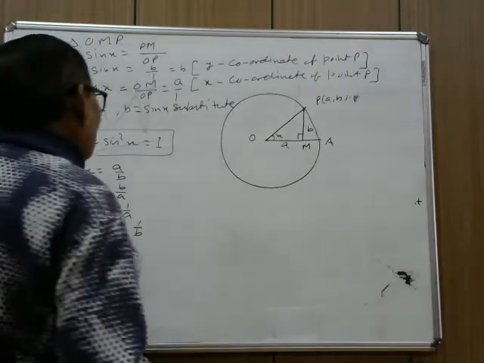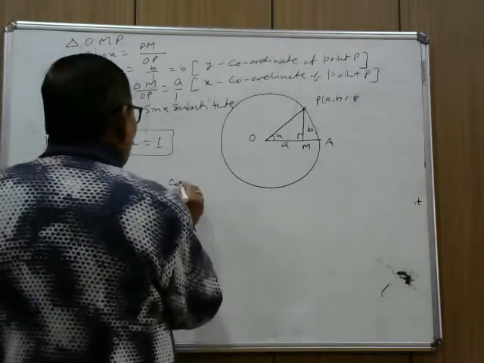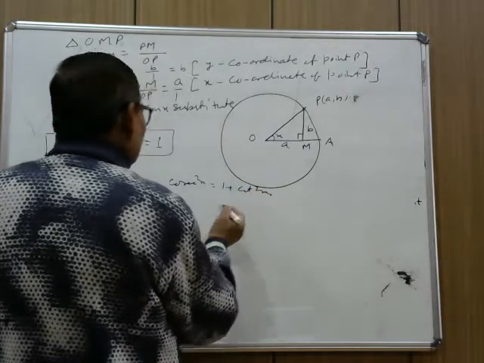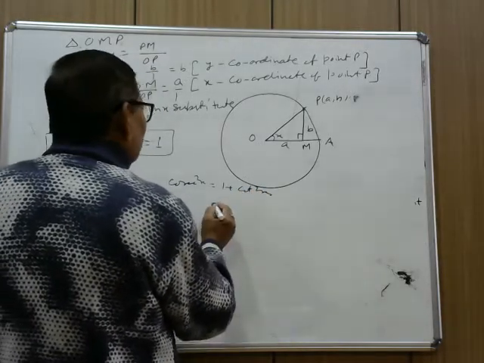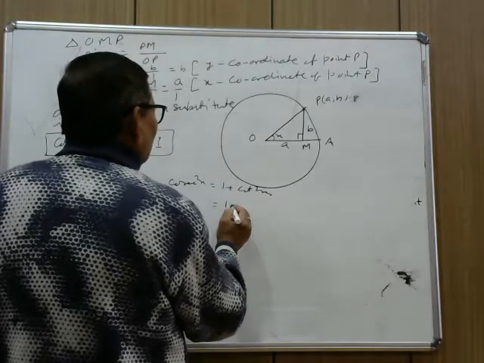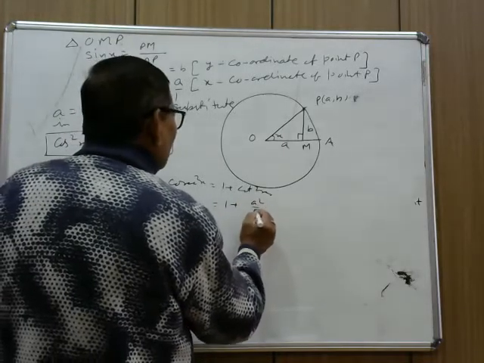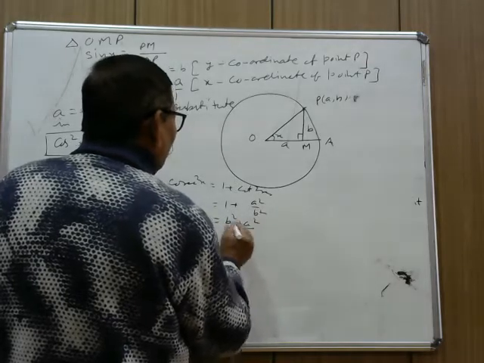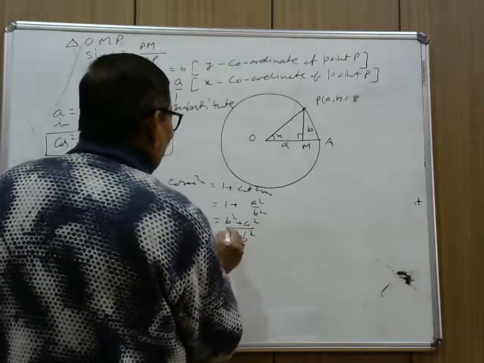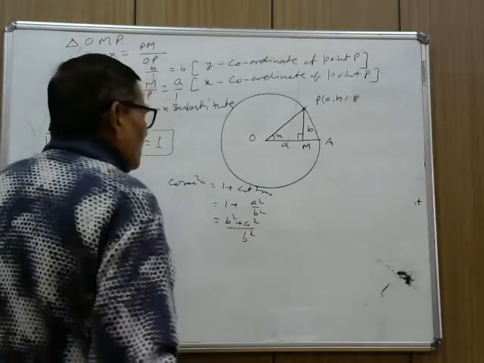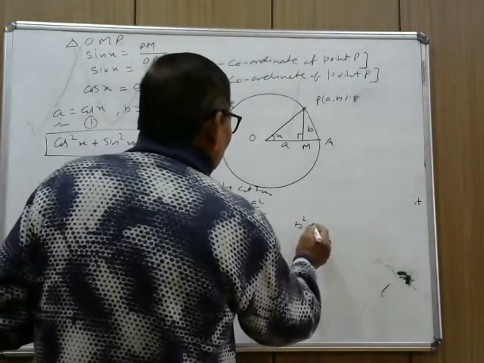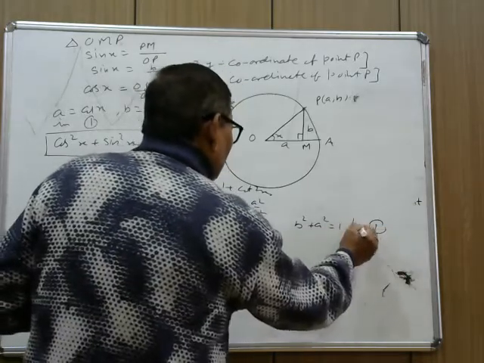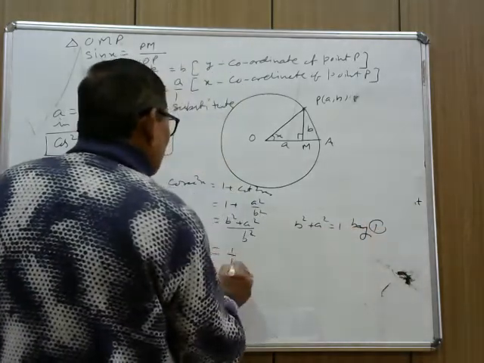And when you go for cosec square x is equal to 1 plus cot square x, you substitute the value of cot x: 1 plus a square by b square, that is b square plus a square by b square, and b square plus a square is equal to 1, so it is 1 by b square.